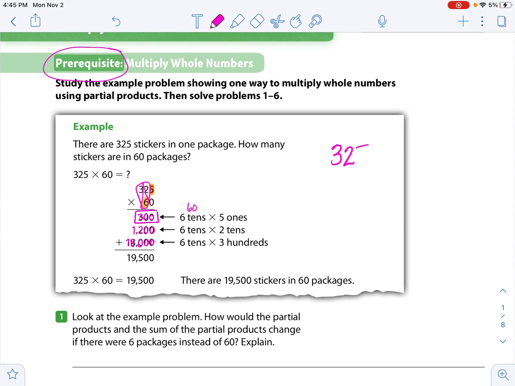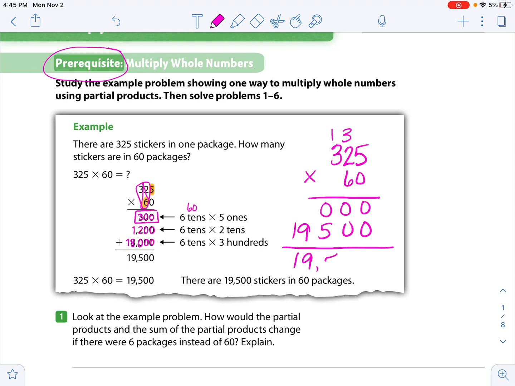Or old school, 6 times 2 is 12, 15, 18, 19. Okay, so that's a lot of stickers, 19,500.